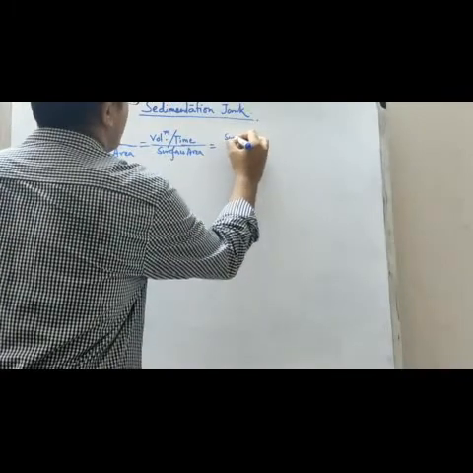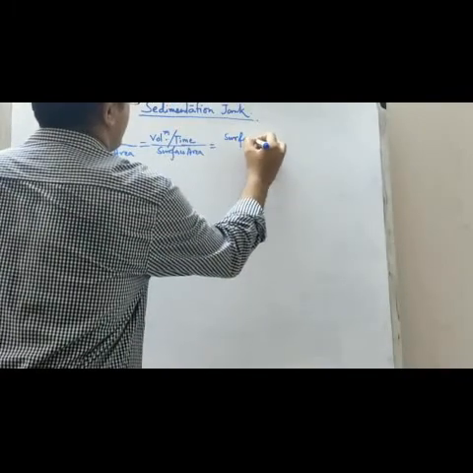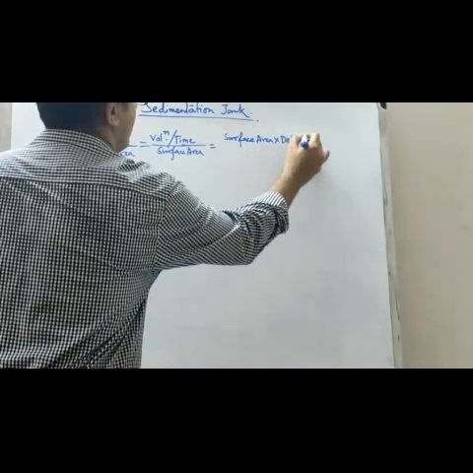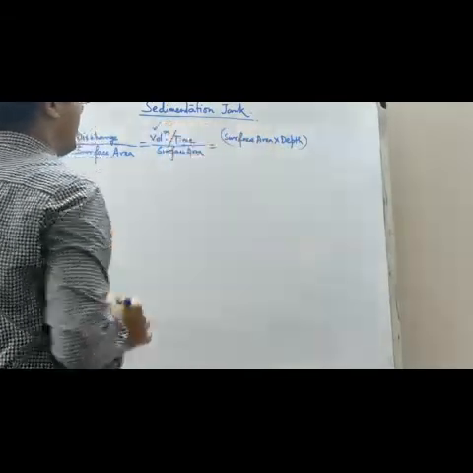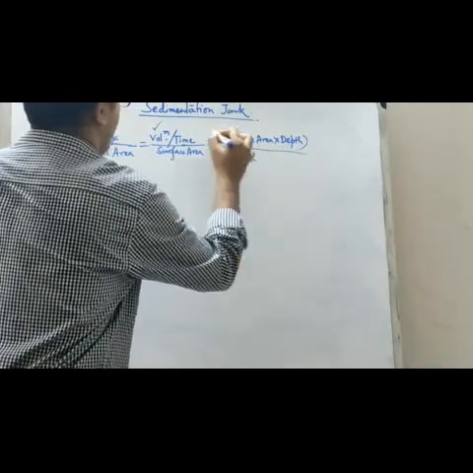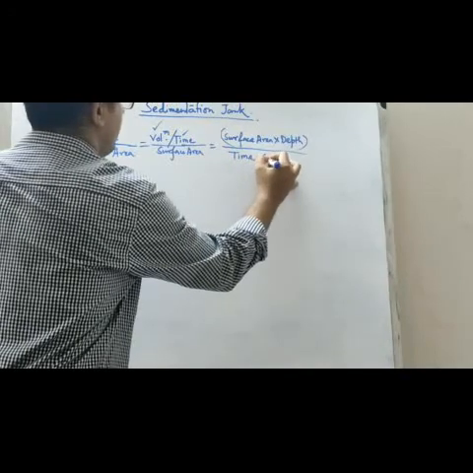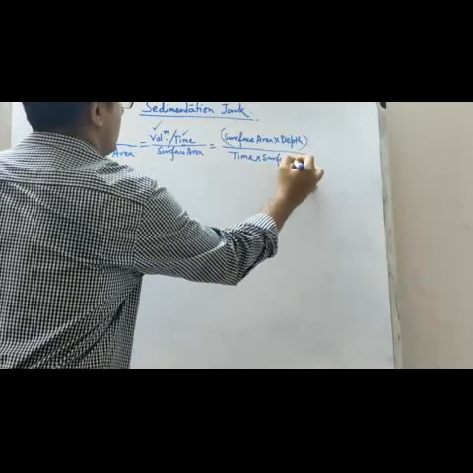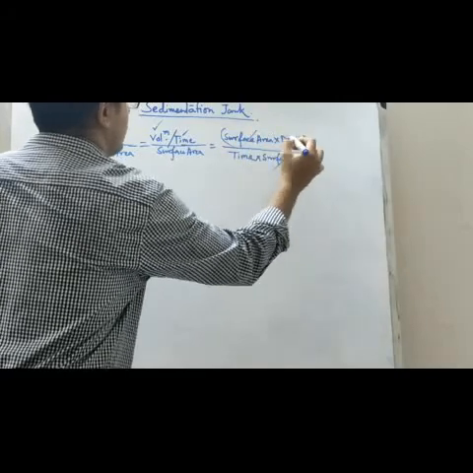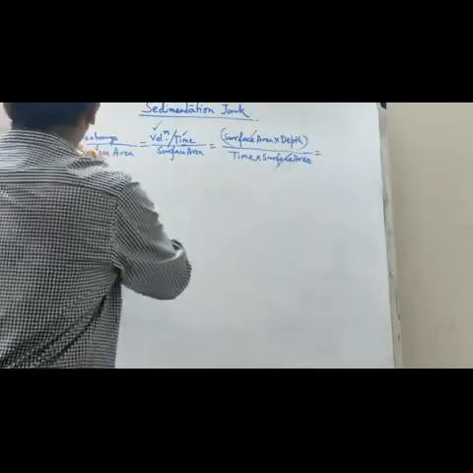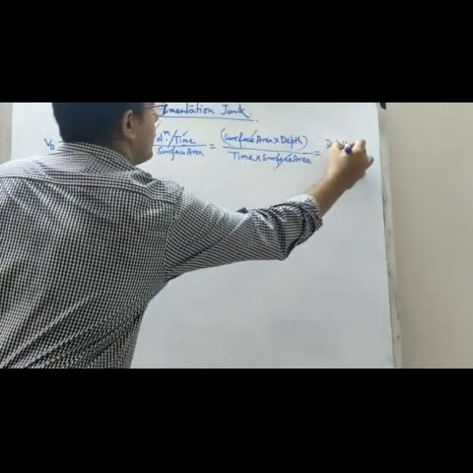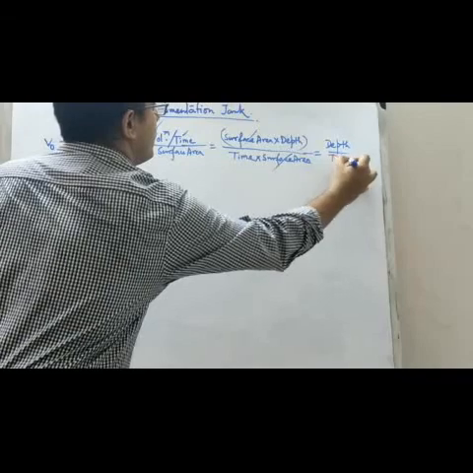So we can write surface area into depth as the volume part, divided by time into surface area. We can easily cancel the surface area. So V0 means depth by time.